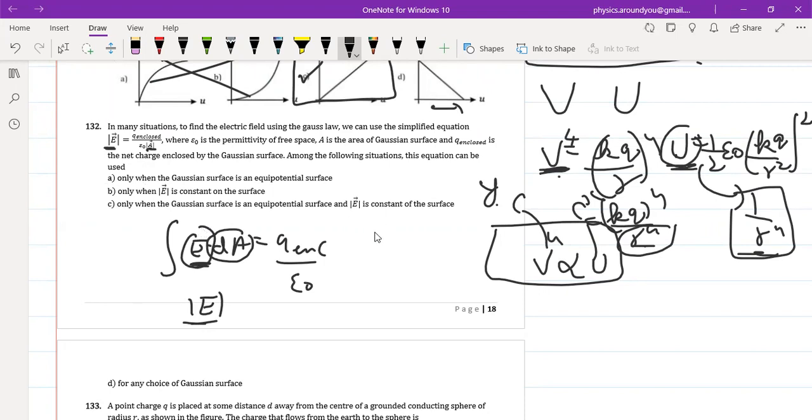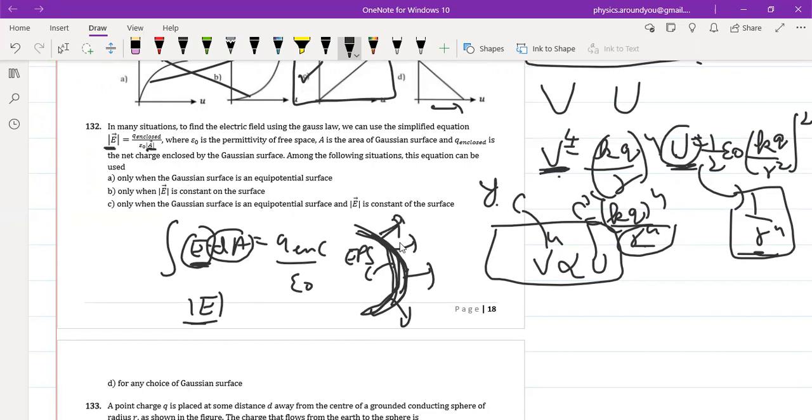Not only that, the direction of electric field should always be perpendicular to the surface I am taking. That is possible only when the surface is equipotential, because we know electric field is always perpendicular to an equipotential surface.